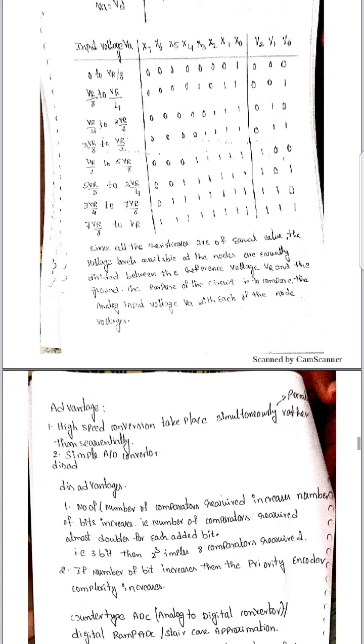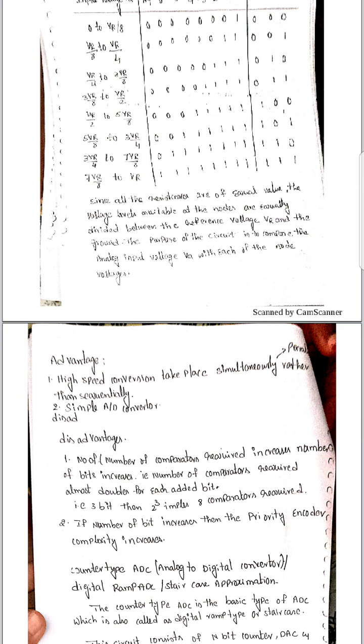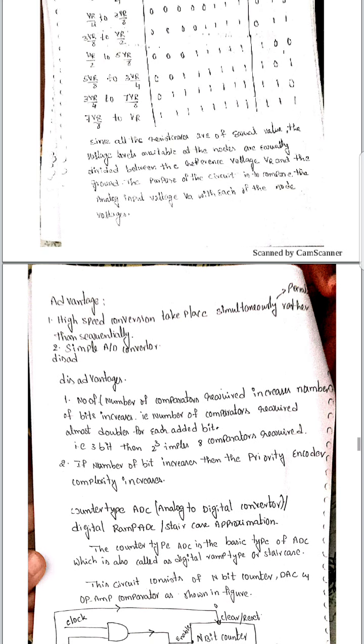Then for VR by 8 to VR by 4, X0 is equal to 1, X1 is equal to 1, and the output Y0 is equal to 1. Like this we have to go on, until 7 by 8 into VR to VR, and we will get the output equal to 7.